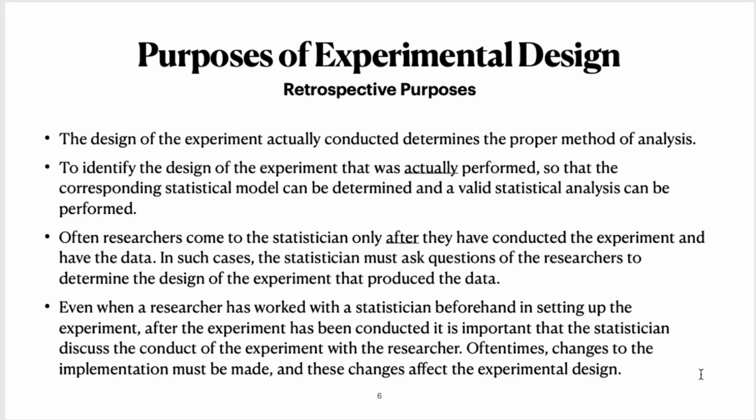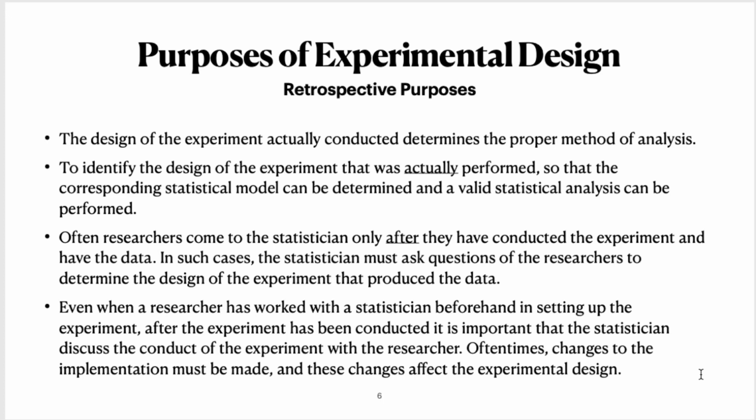Now, even when a researcher has worked with a statistician beforehand, right, come before the experiment, talked about the experimental design, maybe they laid out a really nice, well-defined experiment, set it up, and then the researcher went out and performed the experiment, even in that situation, it's very important that after the experiment has been conducted, the statistician discuss the conduct of the experiment with the researcher.